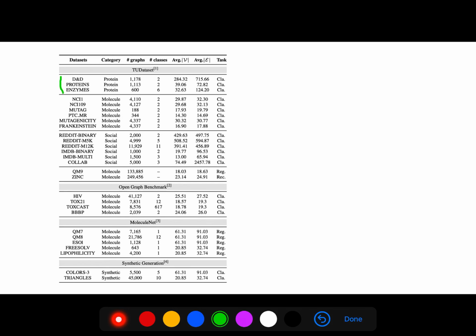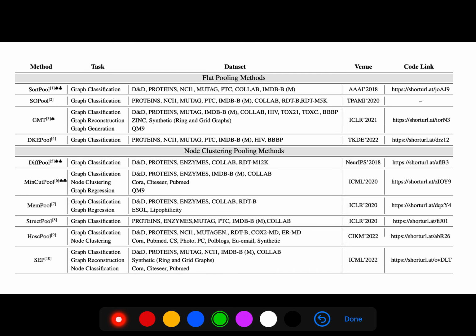I've used these in my papers, NCI1, MUTAG. What about Cora? Where is Cora? PubMed. And then datasets. Use these datasets.